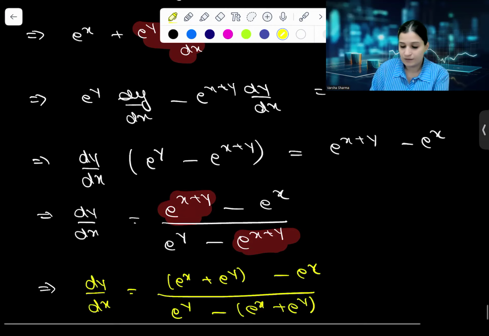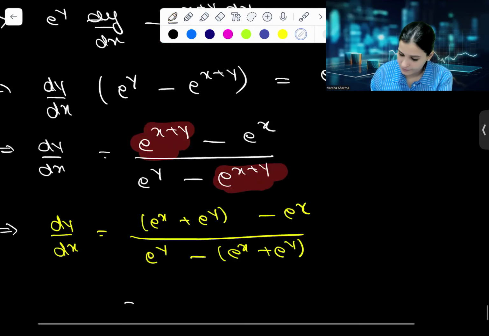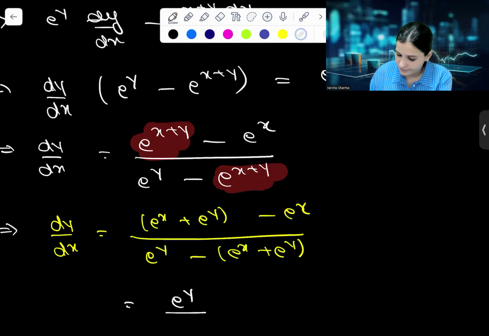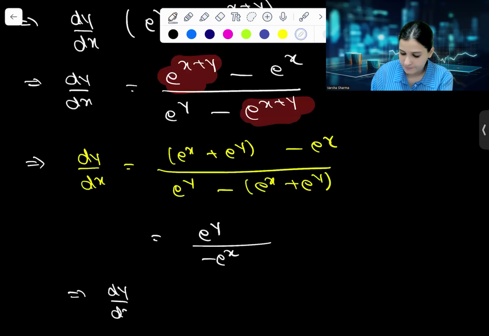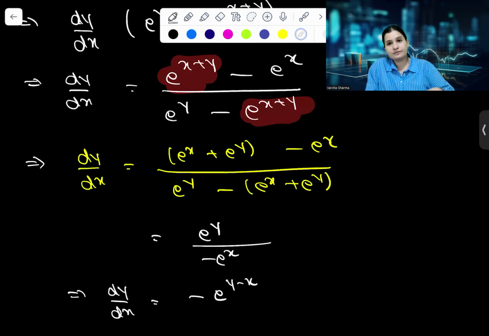No, ma'am. So opening the bracket, e^y left, opening the bracket, minus e^x left. So dy by dx equals minus e power y minus x. Your proof. Clear?